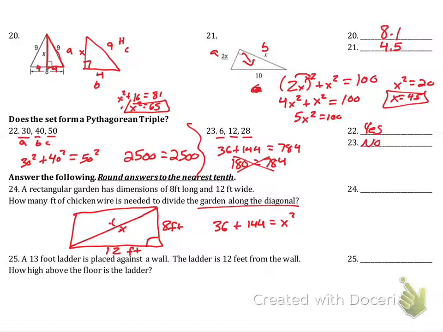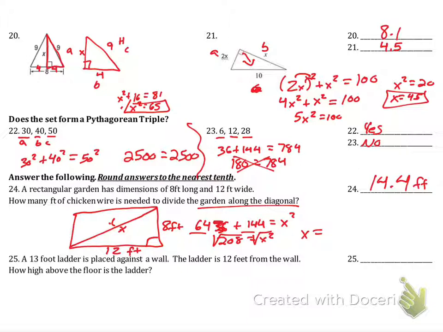So 8 squared, 8 times 8 is 64, sorry, not 36. So 64 plus 144 is going to be equal to 208. So then I have 208 is equal to x squared. I want to take the square root of both of these to just get x is equal to the square root of 208. It's going to be 14.4. That'll be feet.